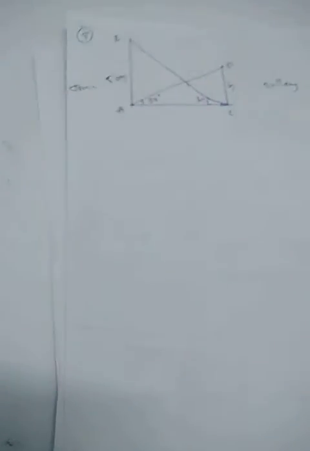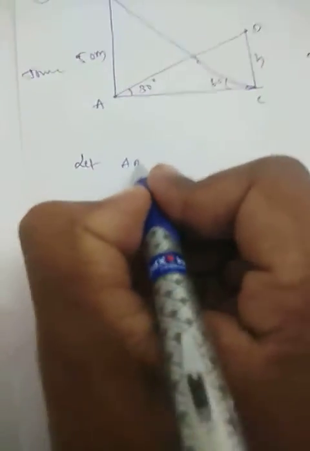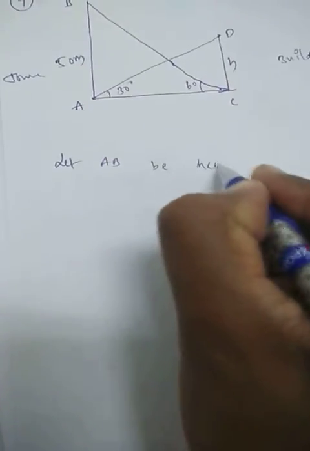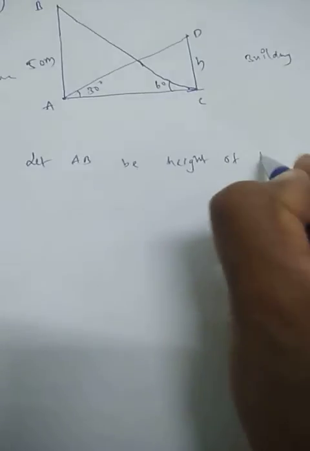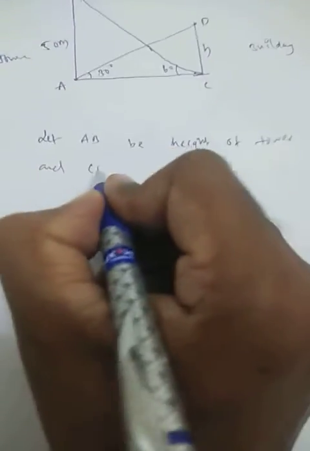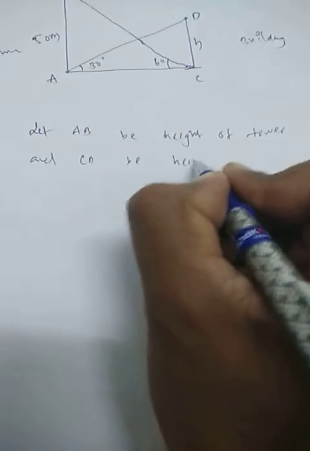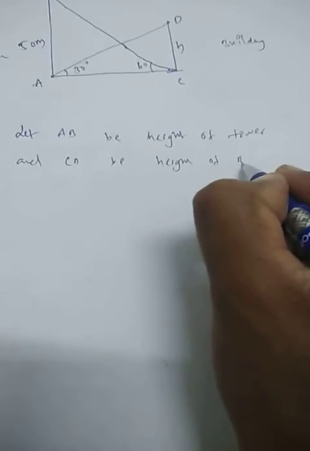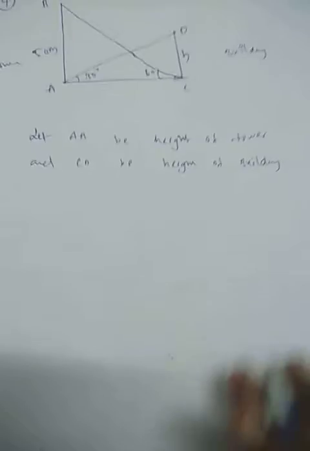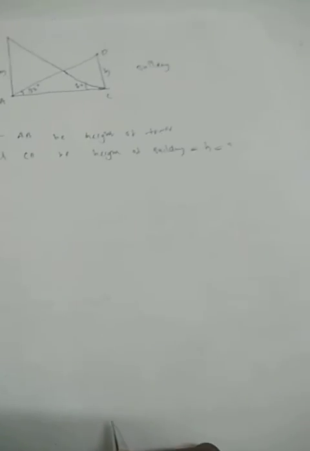So let me first write the data. Let AB be the height of the tower and CD be the height of the building. That will be equal to some H. We need to find this value now.